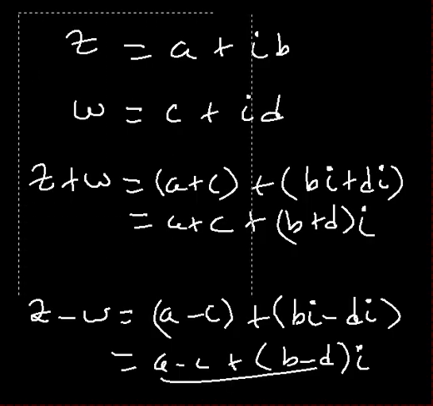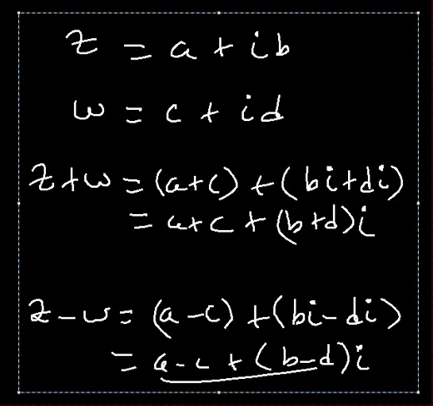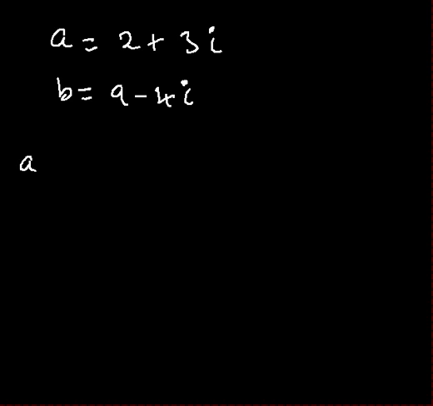So let's see how we can have the following cases. Let's say we have the complex number a, which is given as 2 plus 3i, and the complex number b, which is given as 9 minus 4i. And now we should find a minus b. How do you think we should do that?